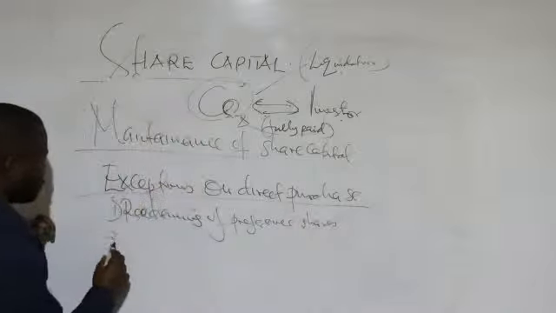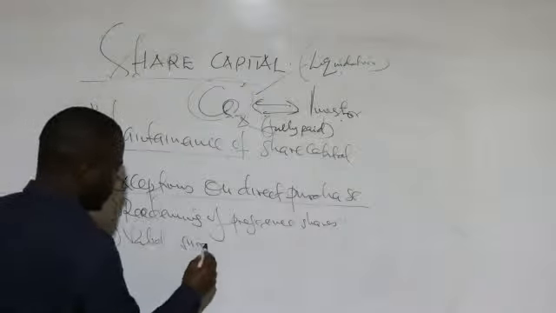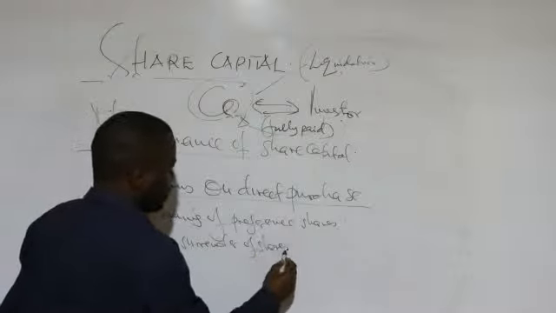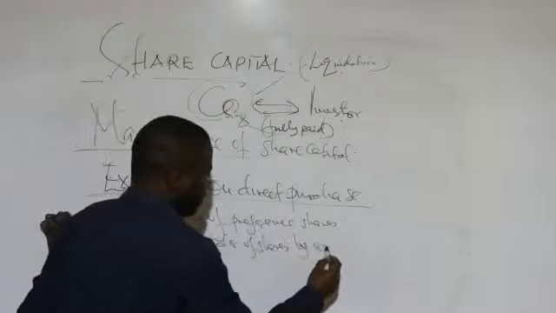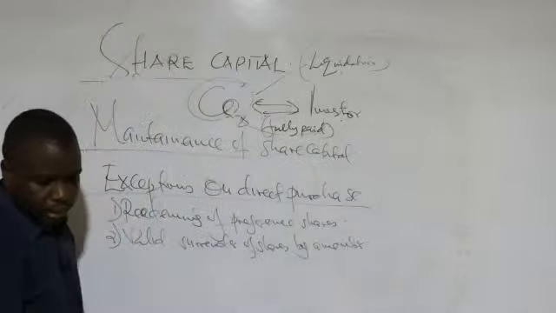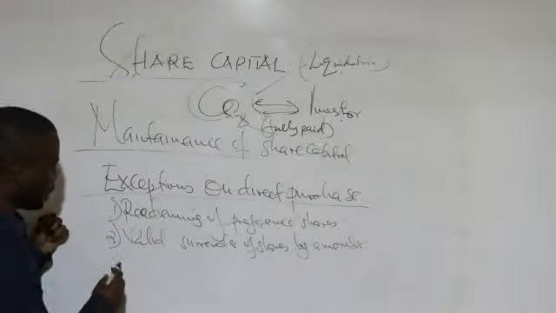You can talk about valid surrender of shares by a member of a company. So the company will be forced to purchase the shares. We can talk about valid reduction of share capital.